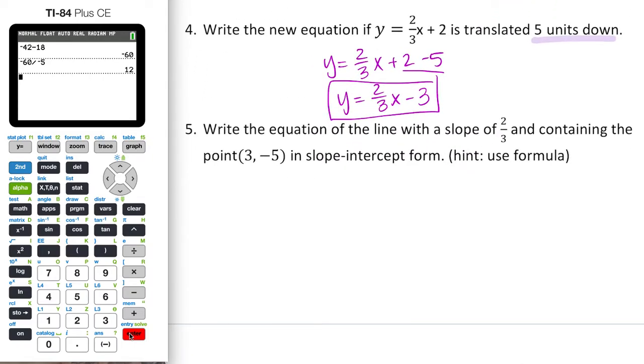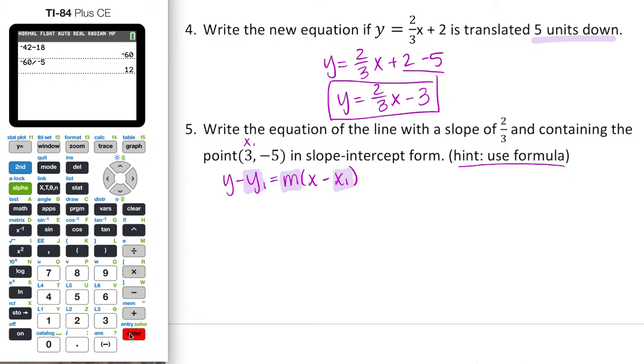All right, write the equation of a line with a slope of 2/3 containing the point (3, negative 5) in slope-intercept form. The formula that we are talking about is this formula right here, which will be given to you on the board. So we're going to plug in points for y1, m, and x1.